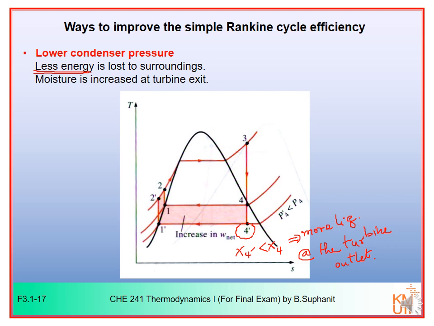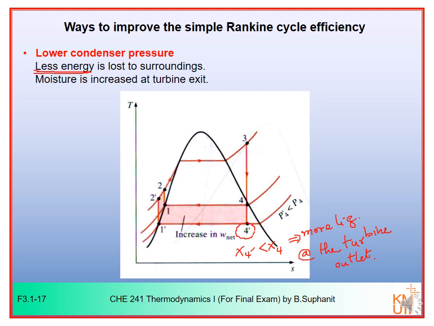So when we look at all the ways that we have considered here, increase the superheated vapor temperature, increase the boiler pressure, or lowering the condenser pressure, we normally don't choose only one of them. We may have to combine every approach to improve the Rankine cycle efficiency.